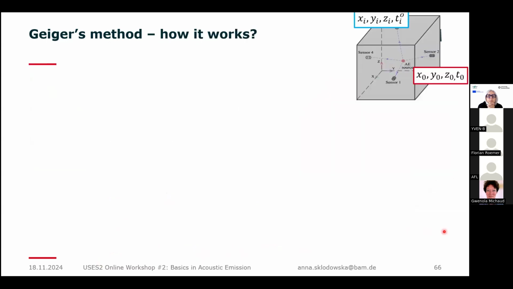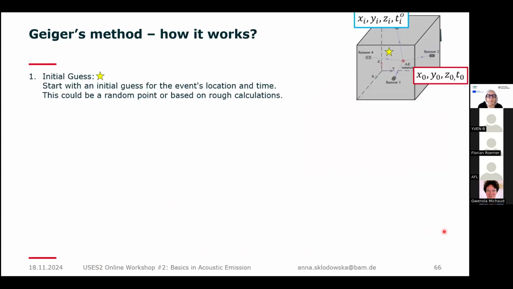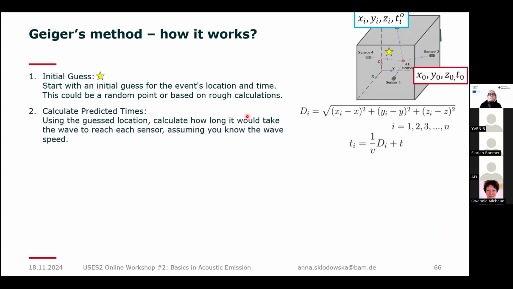So how it works: the first step is that we assume some kind of initial guess for the event location and time. This could be a random point inside the volume that we are considering, or based on a rough calculation. This doesn't matter that much, but it should be inside the array. Then we calculate the predicted times.